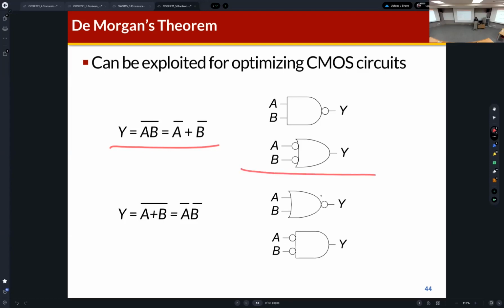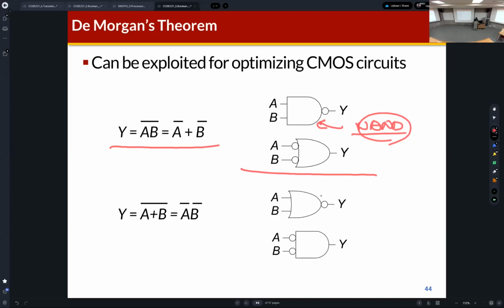Using the basic logic gates we learned about, this is the NAND gate, and this is the OR gate. I mentioned that a bubble means inversion, an inversion of the signal. So this is a NAND gate because we find a bubble at the output of the AND gate.